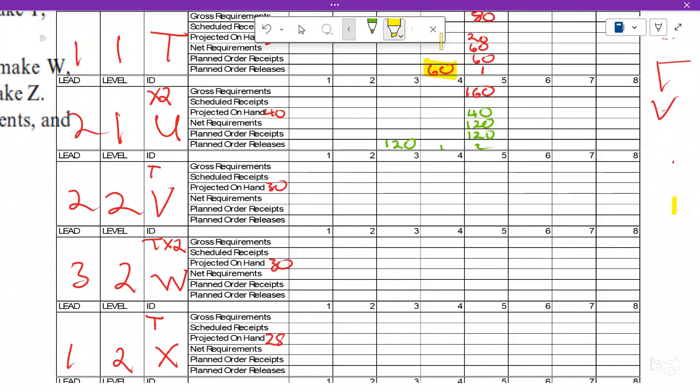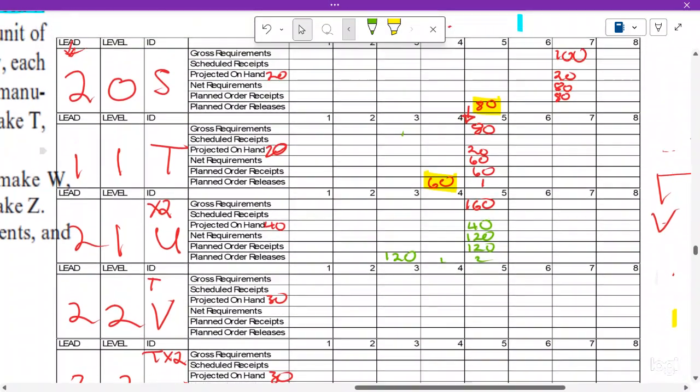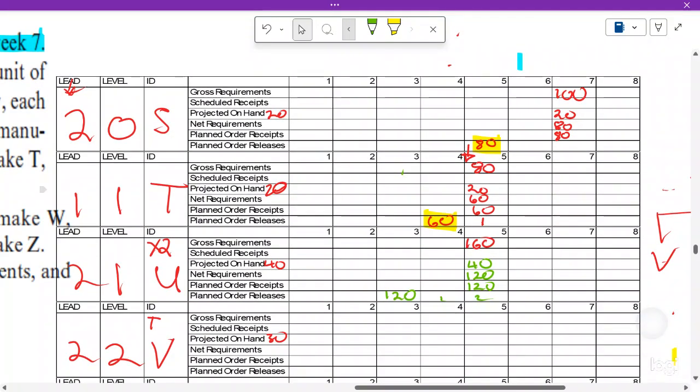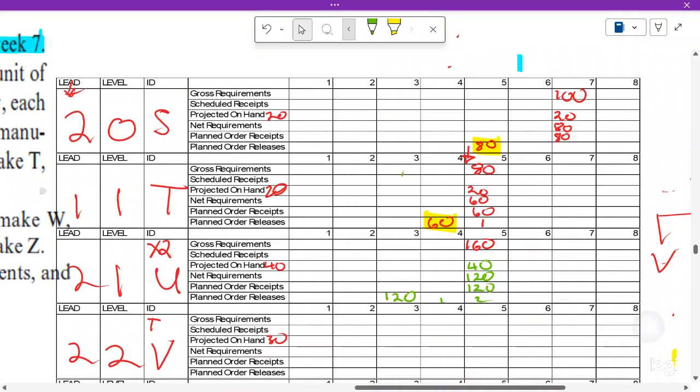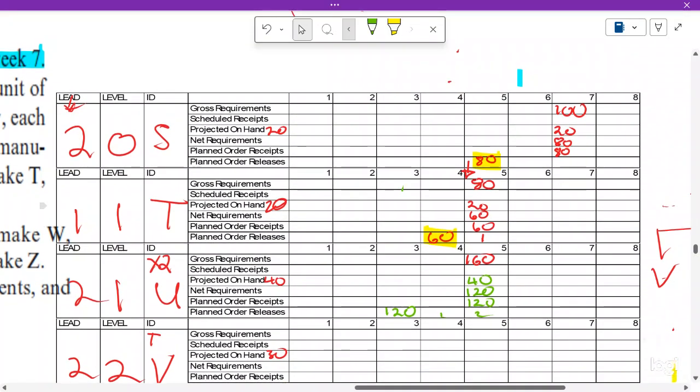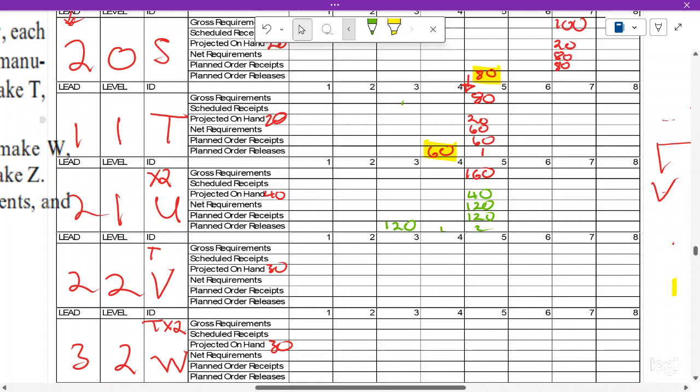Why are we at week 5? Well, hold on. Where's week 5 here? Yes, we are at week 5, and then when we continue that target, remember what will happen.